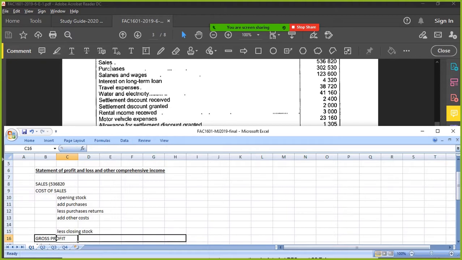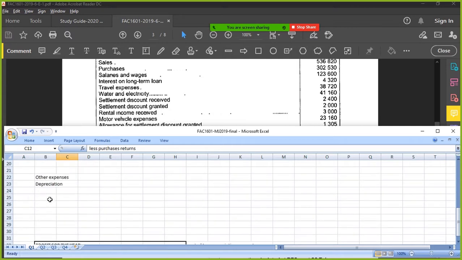Okay, purchases were 302,530. Okay, salaries and wages, we assume that that's for everyone else other than the partners. Unless we've read the adjustments, we won't know yet, but we might have to adjust. Okay, so salaries and wages was 123,600.